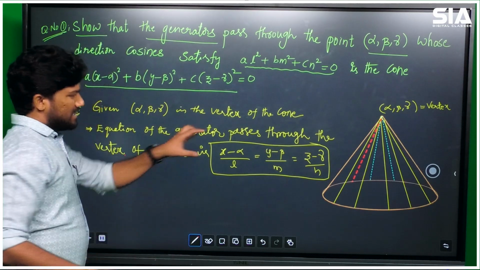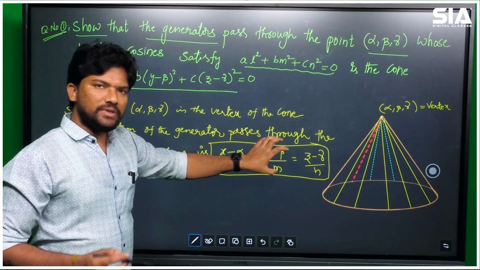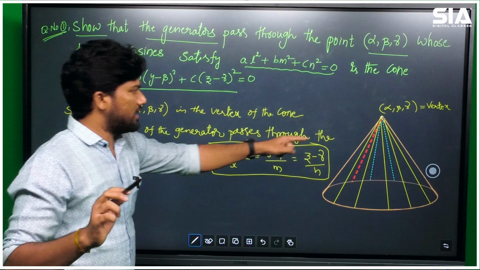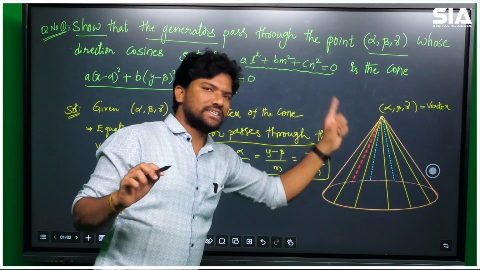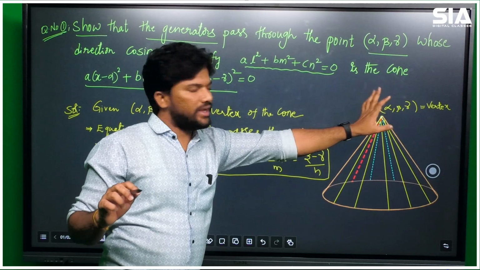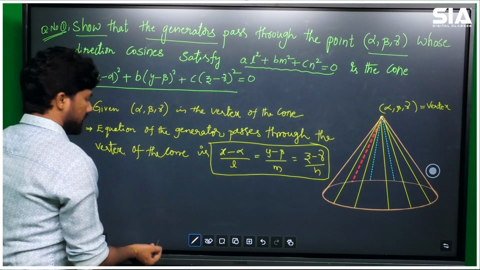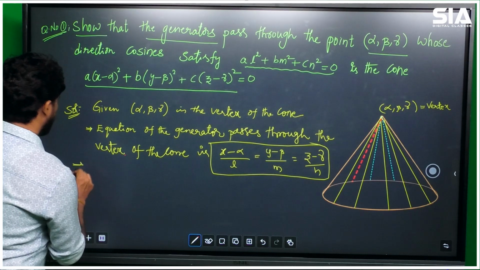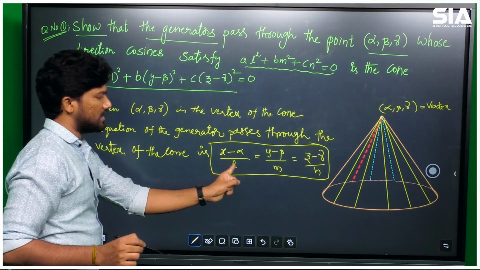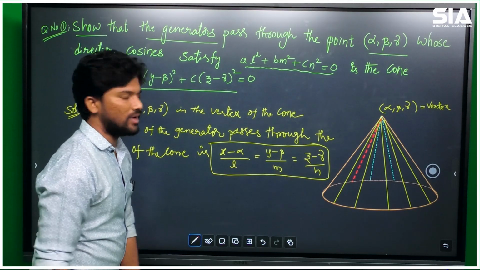So now this equation represents only one generator. Here we have a lot of generators, and all these generators pass through only one point. That point is the vertex of the cone. Now from this find the direction cosines. What are the direction cosines? Direction cosines are nothing but the small l, small m, small n values.